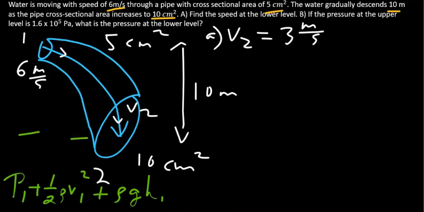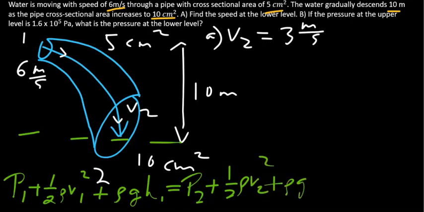Now we shall measure the vertical position from that point. And at point 2, the terms are P2 plus half a rho V2 squared plus rho g H2. You see, at point 2, there is no vertical height, so that goes to 0.